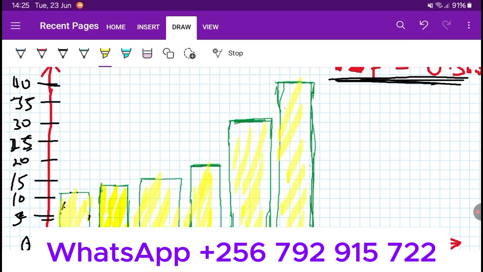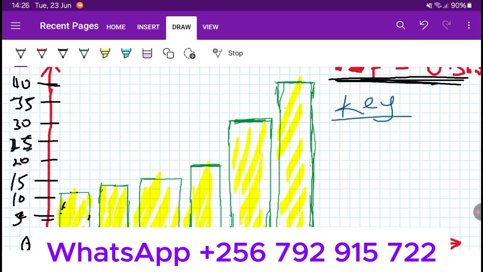So if you have done that, then when it comes to the key, you just show that this yellow color represents the profits in millions.